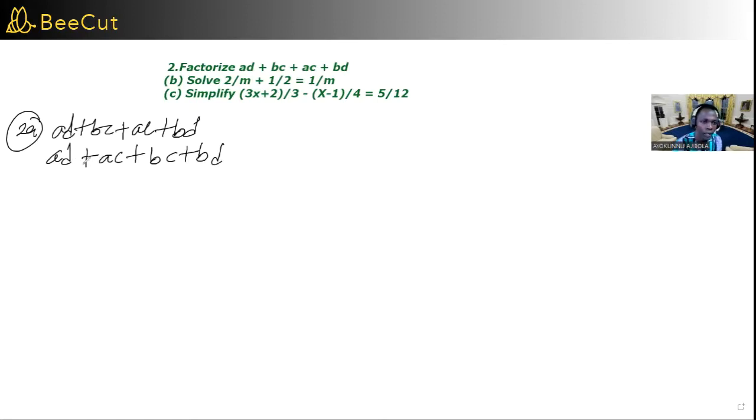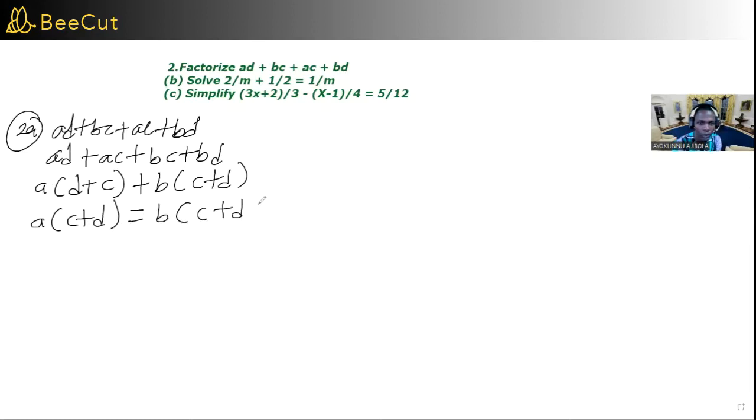So here now I have A as common, A into D plus C, or you say C plus D. Then here B is common, C plus D. So you can rearrange it. Since 2 plus 3 is the same as 3 plus 2, you can say this is C plus D. B into C plus D.